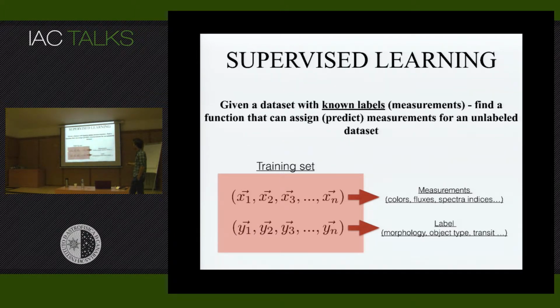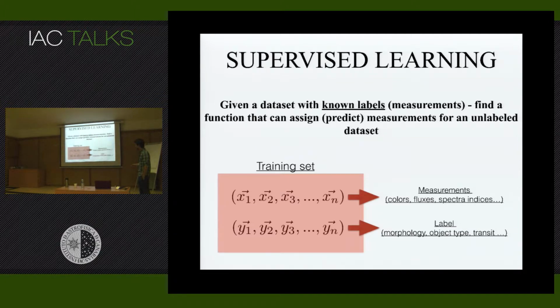Basically, in supervised learning, the way it works is that we have a data set with known labels, which we call measurements, and we use it to predict on an unlabeled data set. What we call X are the measurements, the vector X, which could include all the typical measurements we use in astronomy: colors, fluxes, spectral indices, and so on.